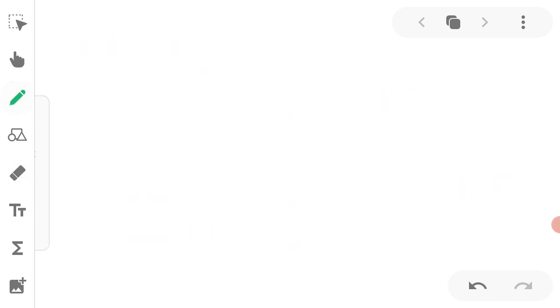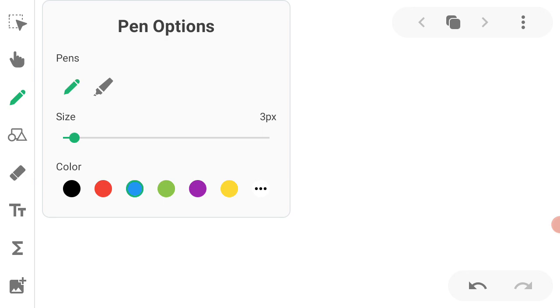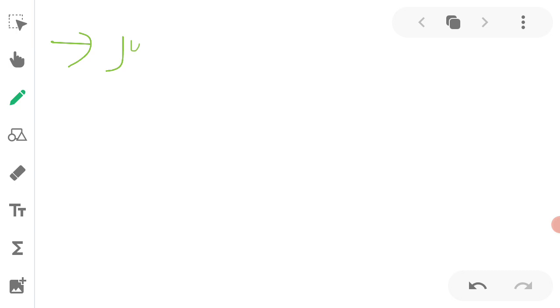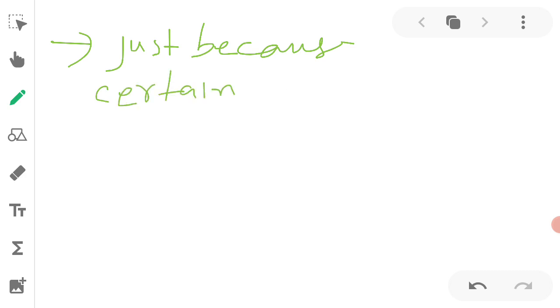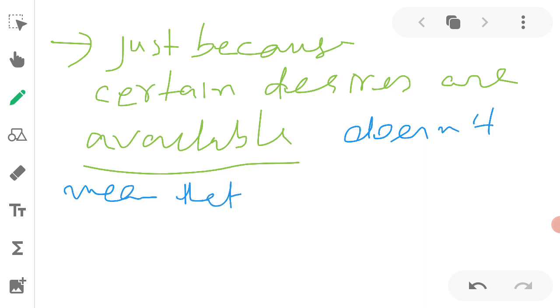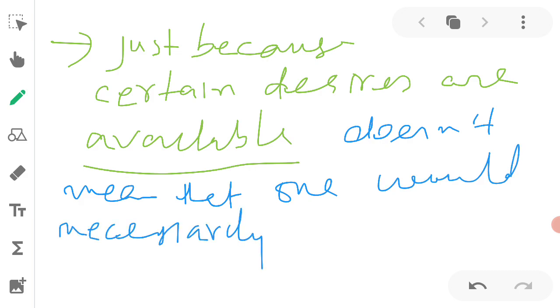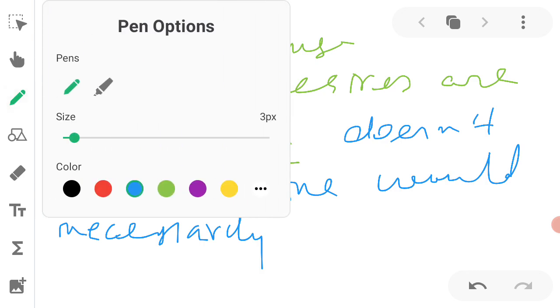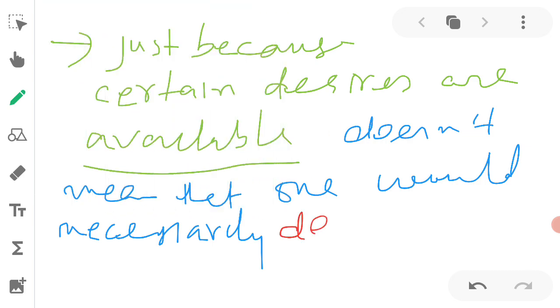So the main lesson of this whole rambling is that just because certain desires are available naturally or even socially doesn't mean that one would necessarily desire those desires.